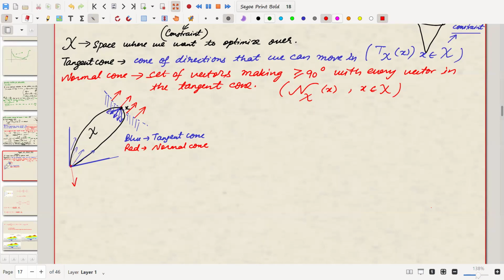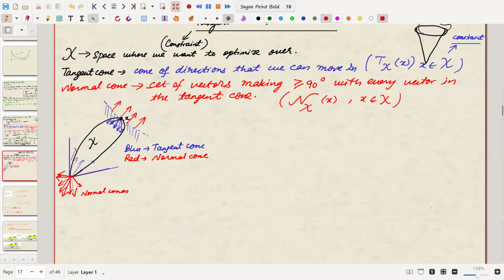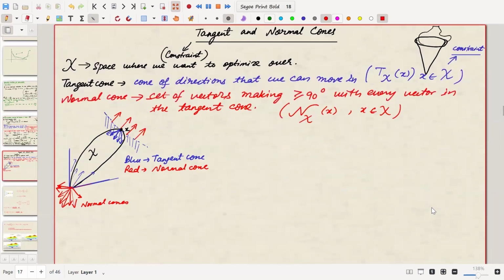Yes, it is greater than 90 degrees. Can it be this? Yes. What vector will make 90 degrees to this one? So all these vectors you are seeing are the normal cone.